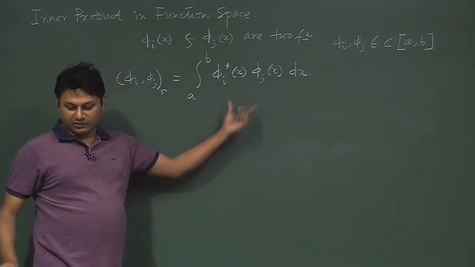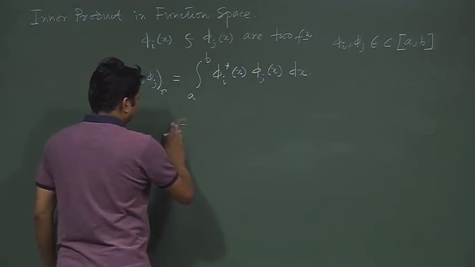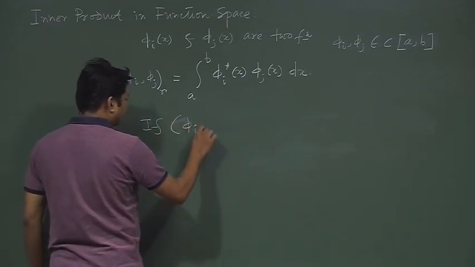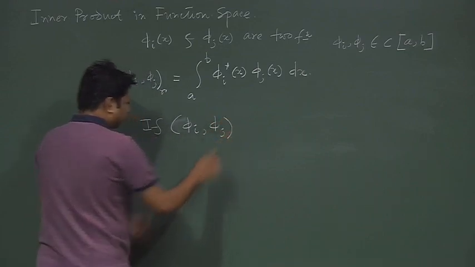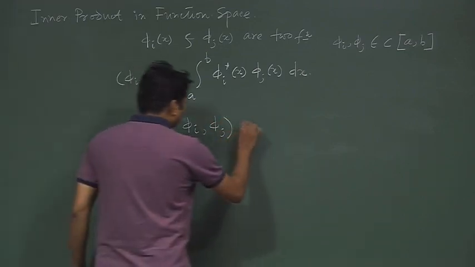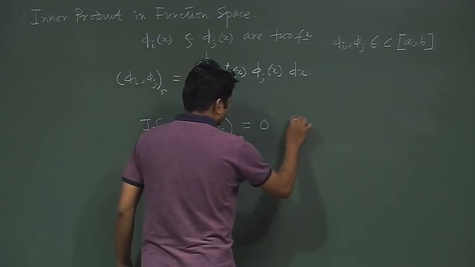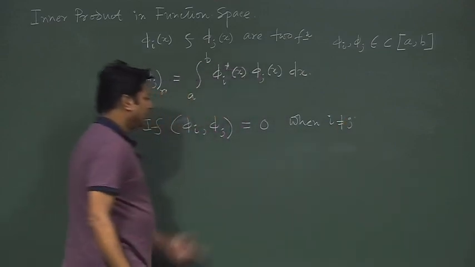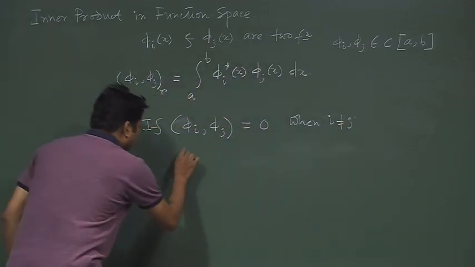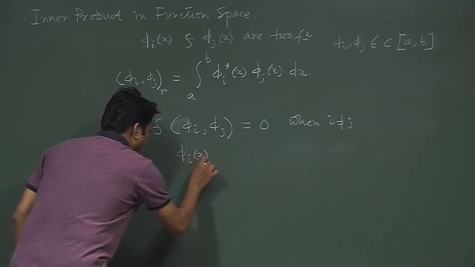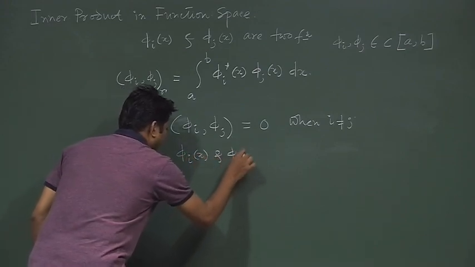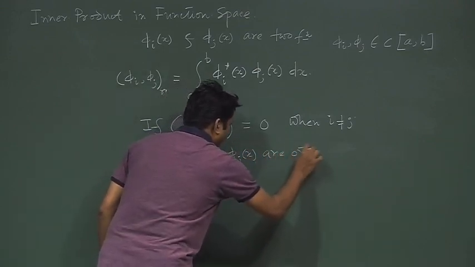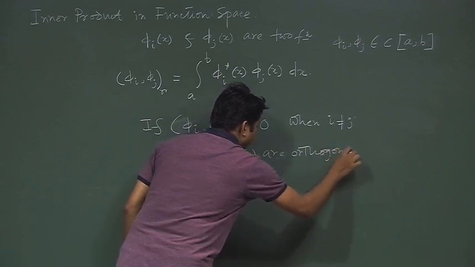So if phi i, phi j, this quantity, is equal to 0 when i is not equal to j, then these two functions phi i(x) and phi j(x) are orthogonal functions.